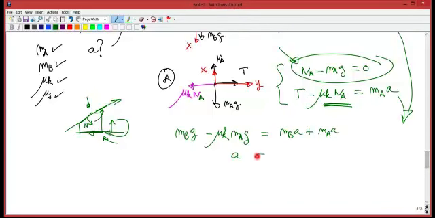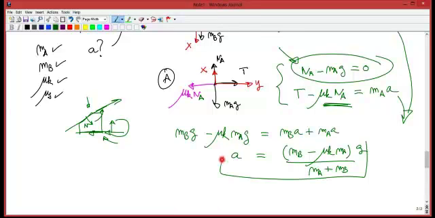As you solve for a, (mB minus mu k mA) times g divided by the total inertia, as usual, mA plus mB.